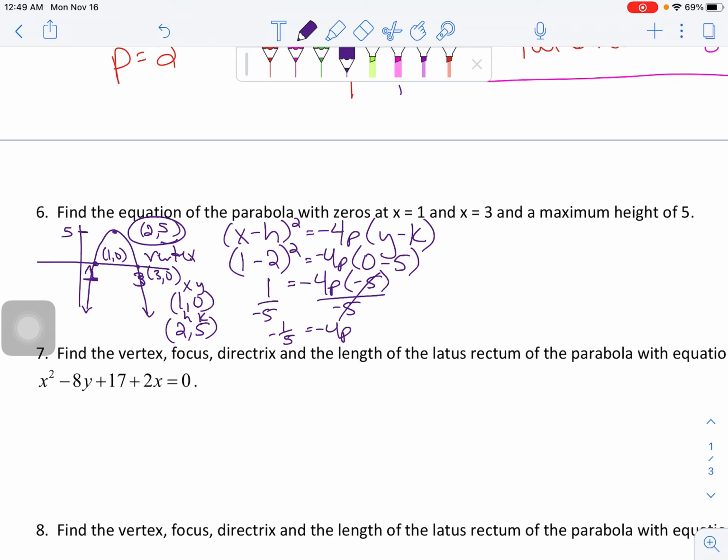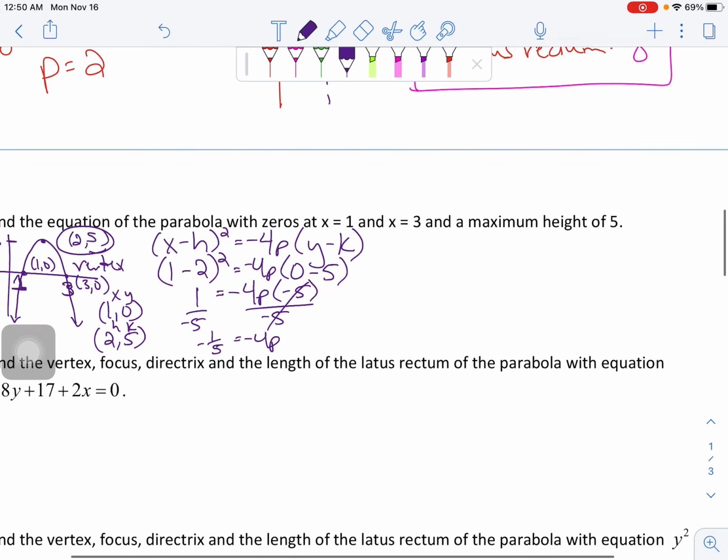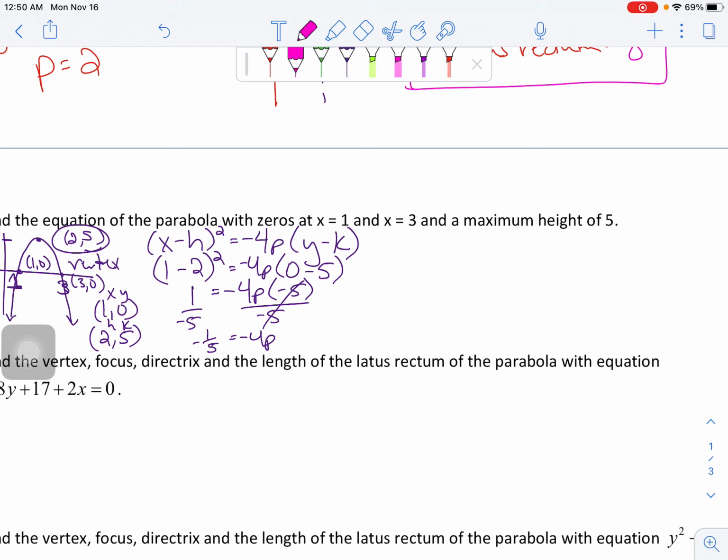Now, the reason I don't really care to figure out what p is, I could, right? I don't really care about it, though, is because, remember, in this equation, I need to replace negative 4p. Well, I now know what to replace negative 4p with. You absolutely could figure out what p is and then substitute into the equation and simplify. I'm just being lazy, so I'm not going to. What I am going to do, though, is fill in this standard form equation.